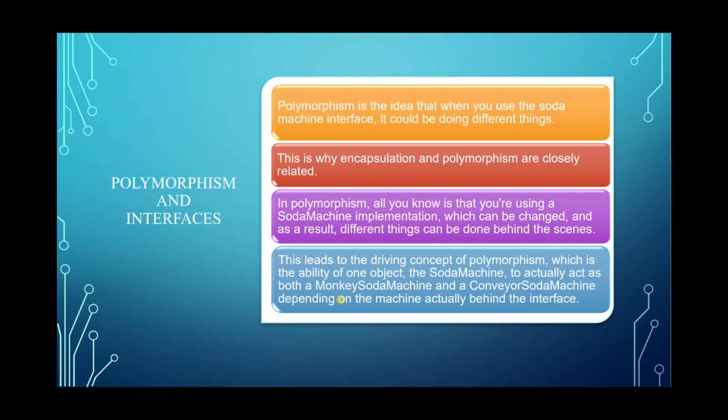This is going to implement the interface soda machine, so it should provide implementation to all the abstract functions in the interface. One function could be count the coins. The other could be show a message. Count the coins is going to show a message whether you have enough money or not.